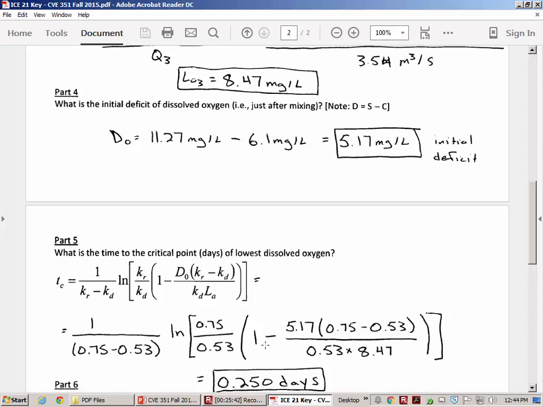So we substituted in the initial deficit of 5.17 milligrams per liter. We put in the initial BOD demand of 8.47 milligrams per liter. Everything else is just K values. All right. Any questions on part 5?